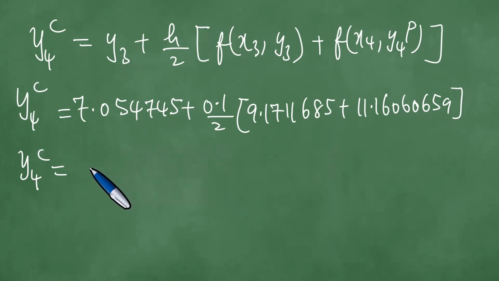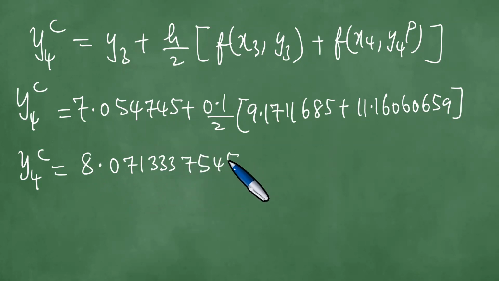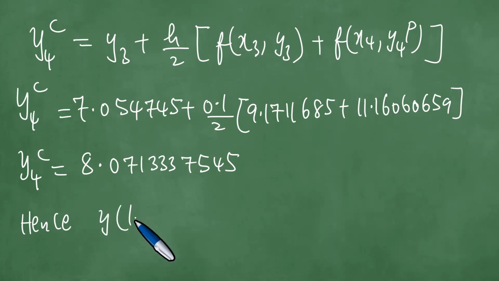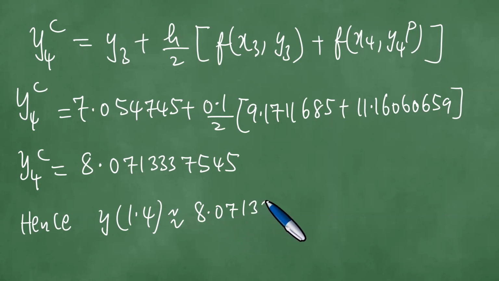It works out to 8.0713337545. Hence, this last value means that the value at 1.4 is approximated to be 8.0713337545. So this is the answer to this question.